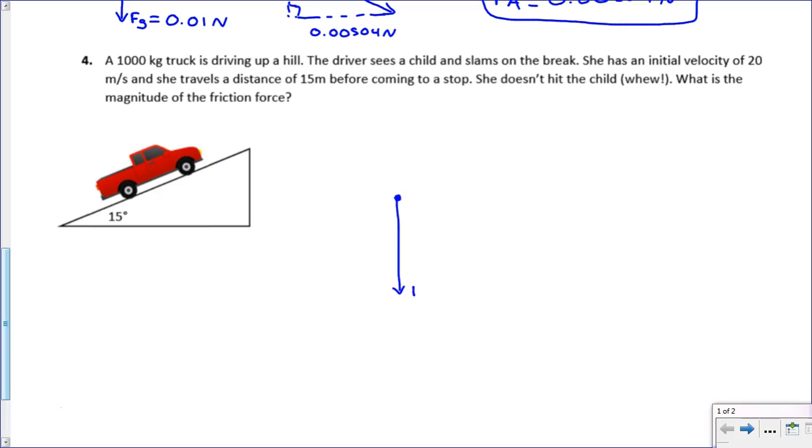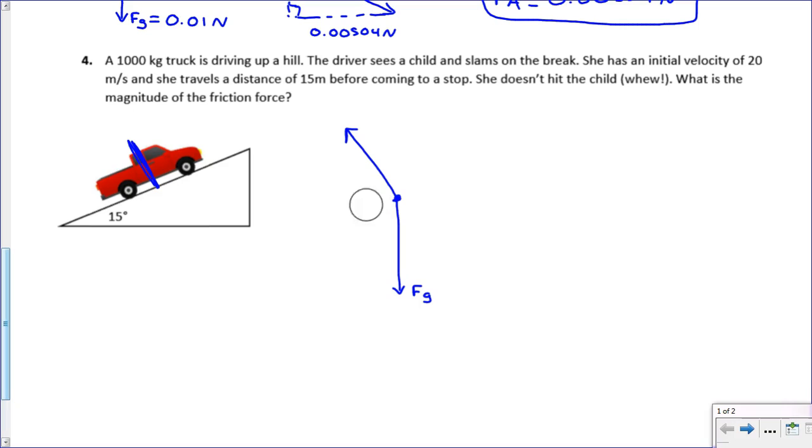We've got Fg, which is down here. Then there is a normal force between the truck and the slope, and the normal force should go perpendicular to the slope, so it's up this direction. Then there's a friction force which is going down the slope, which should be at a 90-degree angle from that other force that you have on there.